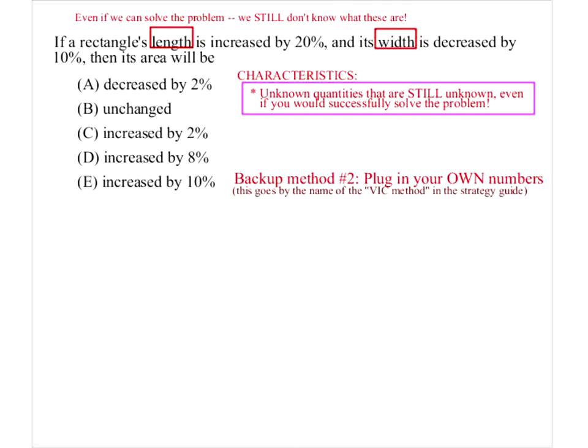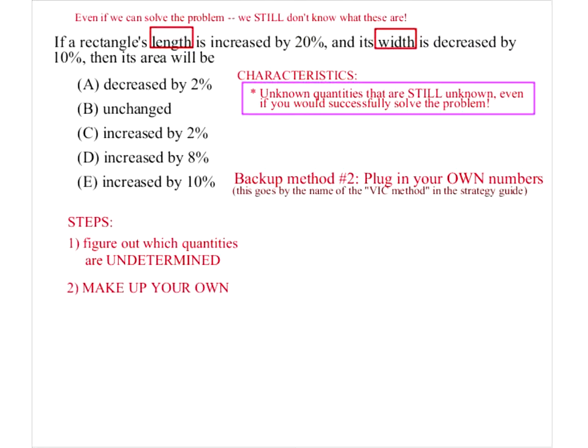Here are the steps. First thing you do is you figure out which quantities are undetermined. Then you just make up your own numbers and plug them in.